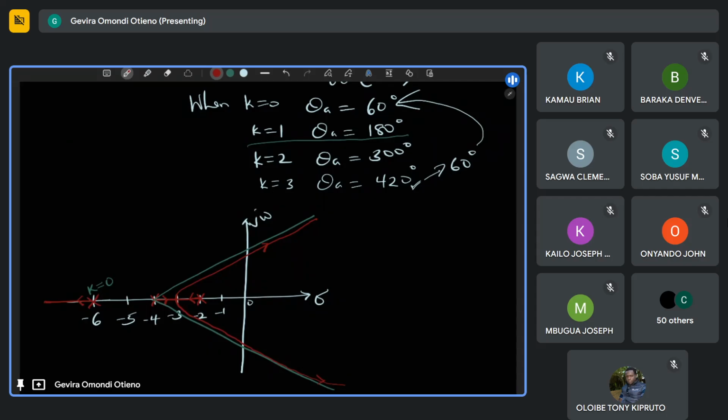Now, remember that for this kind of plot, it is a sketch that we have done with the aid of the asymptotes. If we were to do this in MATLAB, it will not provide the green lines. It will just provide the red lines. And if we were to know the number of branches, we would know by counting the number of closed loop poles. But even in our plot, we can see that this is one branch. There's a branch towards that direction.